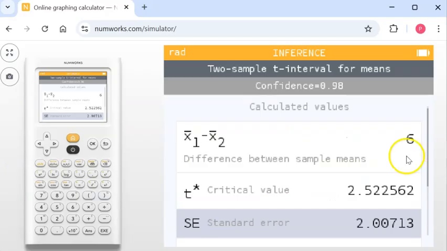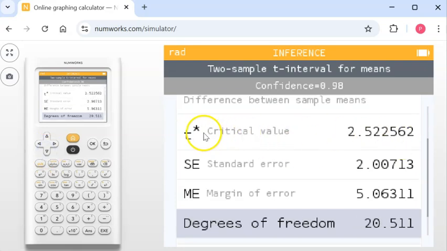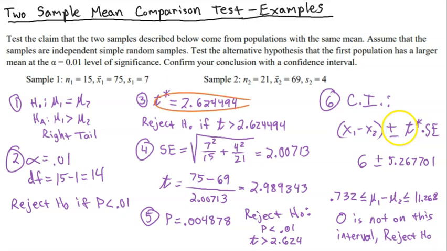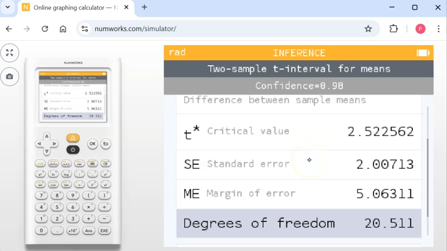Now, you may say, oh, hang on, I see some other things here, Mr. Ryan. I see the critical t-value is not the same one that you gave us. That's right. There's a very good reason for that. It goes back to the way we're finding degrees of freedom. This degrees of freedom is pretty complicated, and it's important. If you go deeper into statistics and become a researcher someday, this is actually the version of degrees of freedom you will use.